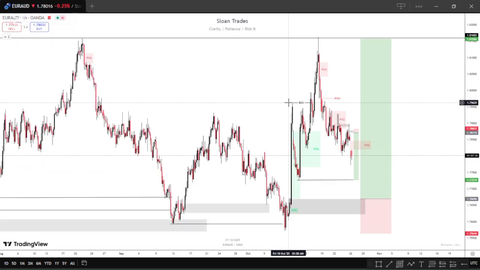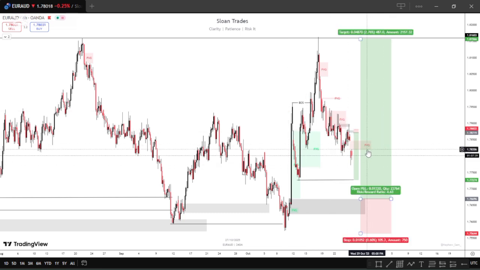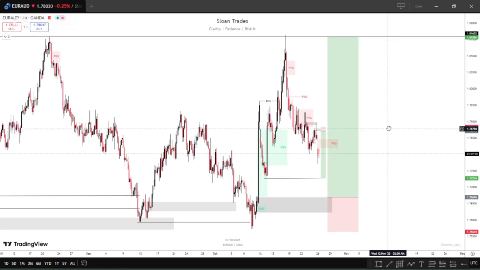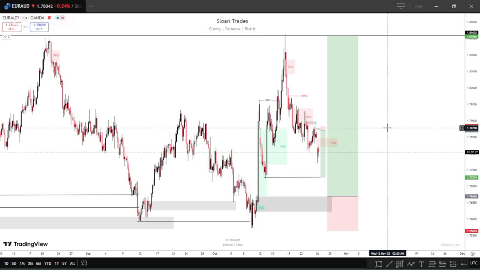Now, one thing about this pair, I think I've explained this before. When there is a gap after the market has been inactive for quite some time, and then it opens and there is a gap, what they call a liquidity void. I think I've explained it before, it's in one of my videos. The liquidity void is basically a space left in the market due to inactivity.